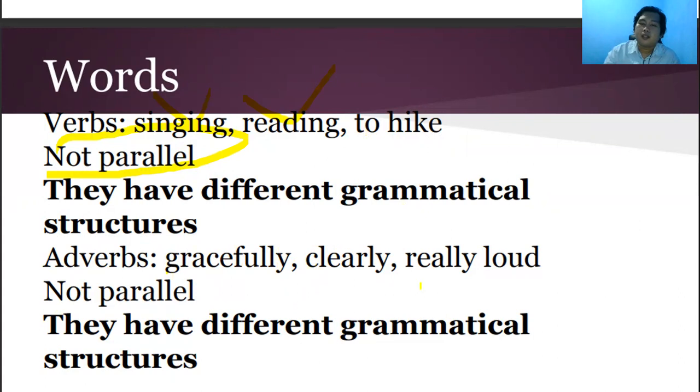And the last one, really loud, is not the same in grammatical structure as the first two. So it is called not parallel because something is different from the others.